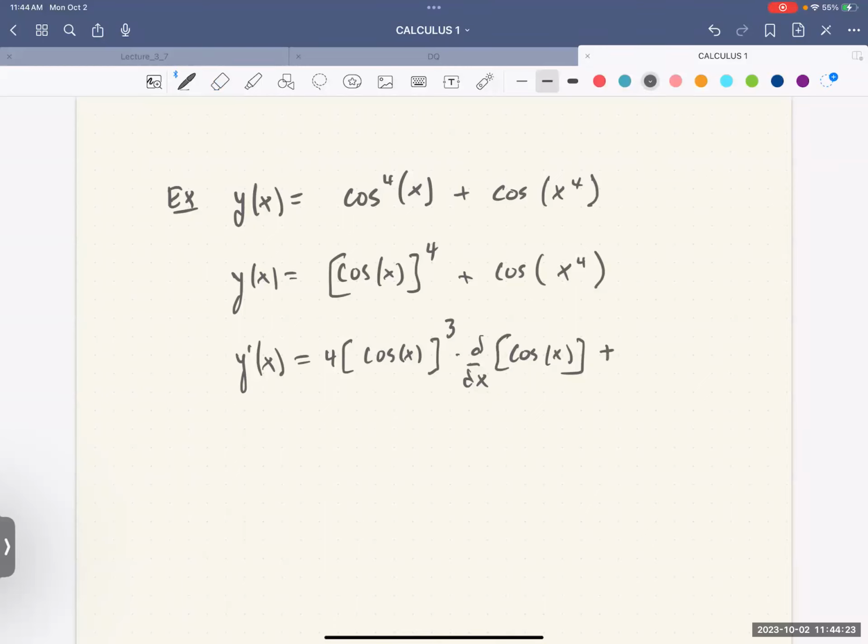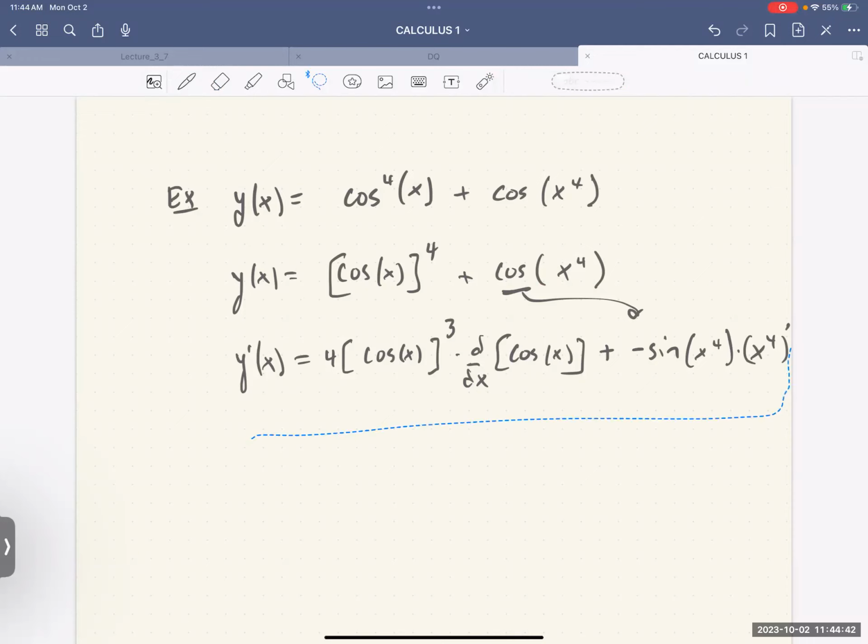Plus, now we need to differentiate this next piece. Cosine differentiates to negative sine, so our outer function would differentiate to negative sine with the inner function left alone, times the inner function derivative.